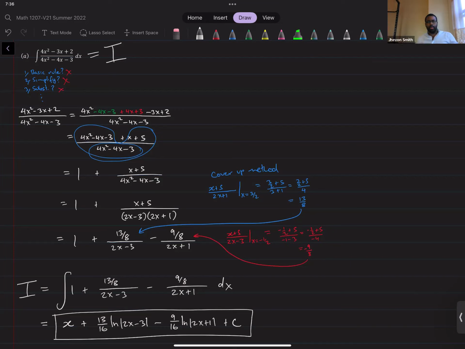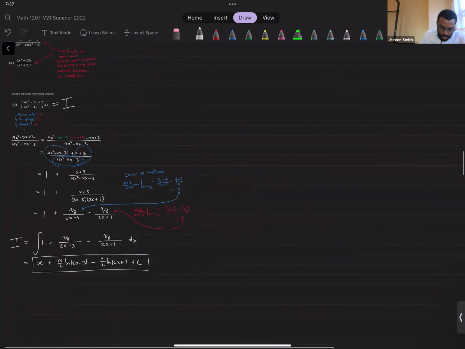It's an integral of a monster fraction, and I broke it into smaller fractions, where each of those were easier to integrate. If there are no questions, we'll move forward.